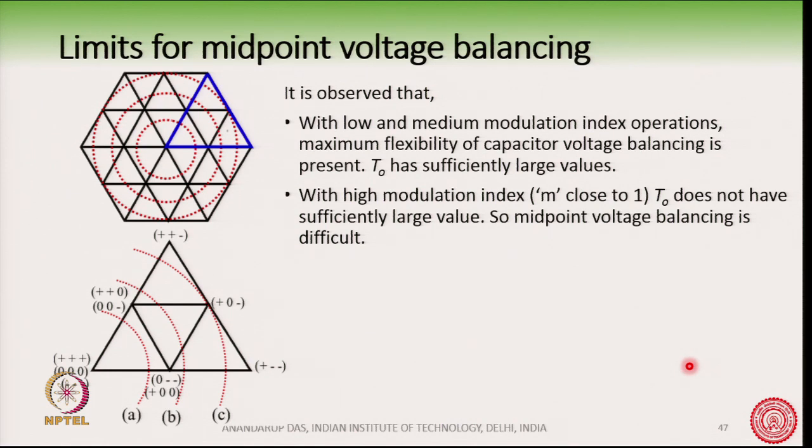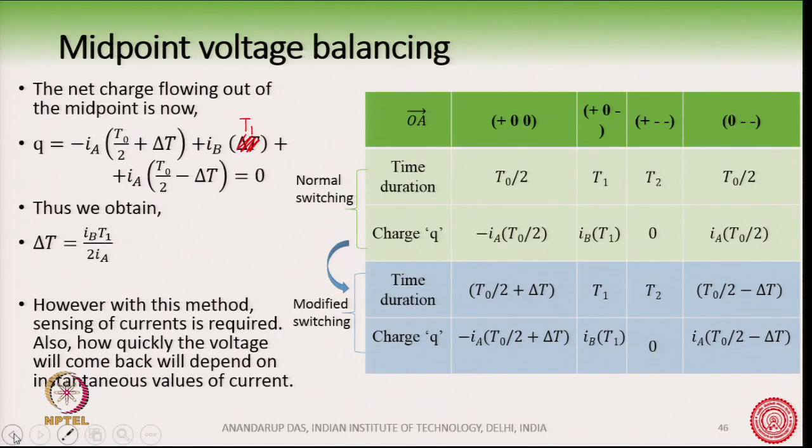Now, this technique relies on one important factor, and that factor is that we have a sufficient amount of T 0 by 2 to play around with the delta t.